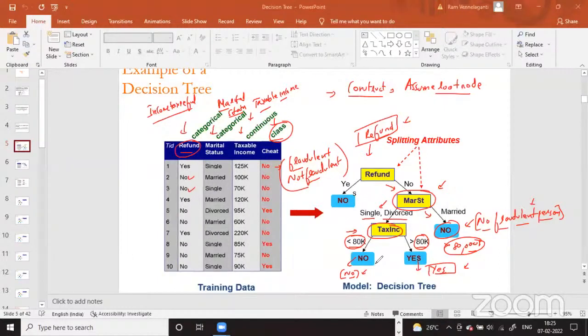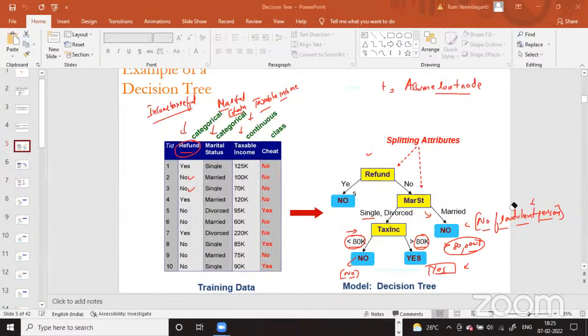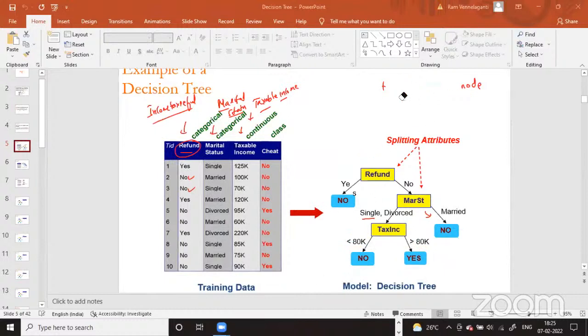So assume a root node and you can simply construct your decision tree. Now, instead of considering my income tax refund as my root node, I can also consider my marital status as my root node.